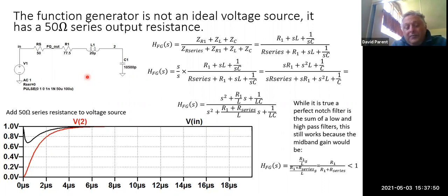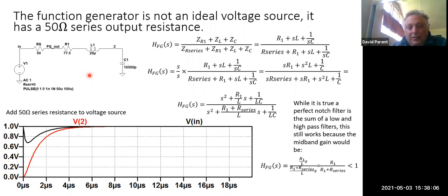This is part of it, because the function generator, when you go to test it, it'll really mess up your results. So this is kind of why I make a big deal out of it.